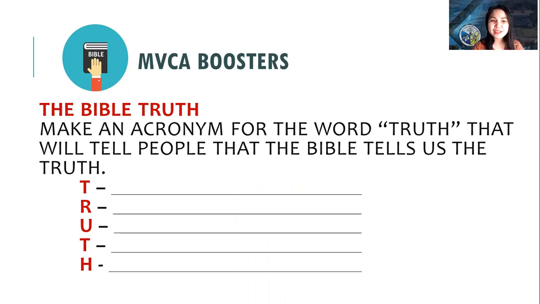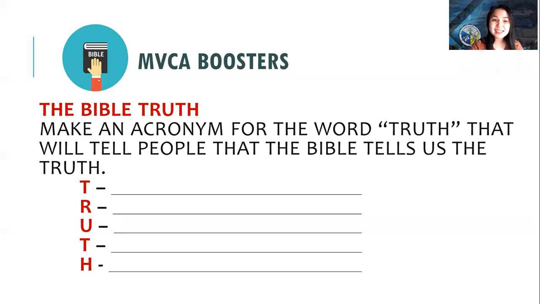So you make an acronym T, R, U, T, and H. For example, T: trust the Bible, for it is the truth book at all times. Then R, it's your turn, up to H.